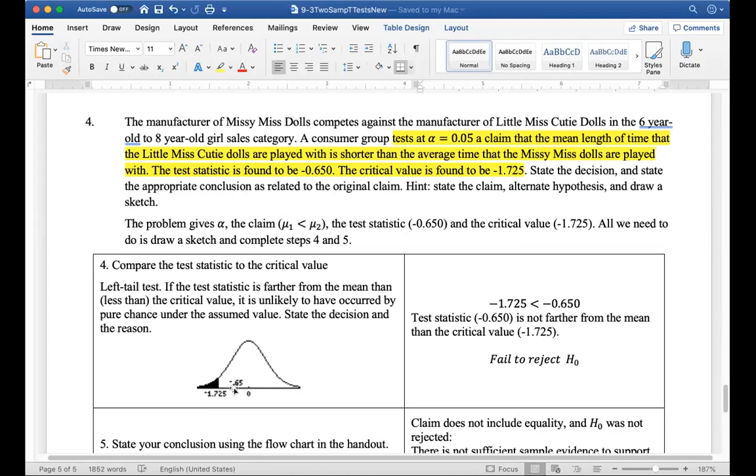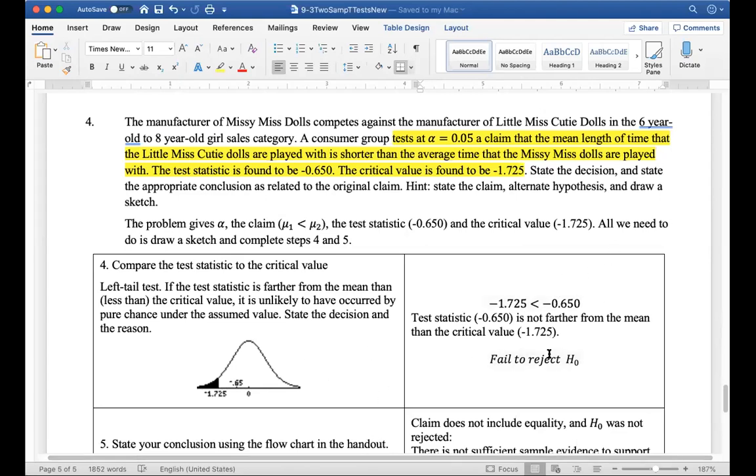And we plot the test statistic to see if it is farther from the mean than the critical value, in which case it would be in the rejection or critical region. And it is not. It is closer to 0. It is negative 0.65. Therefore, it is not considered to be unlikely, and we're going to fail to reject H0.